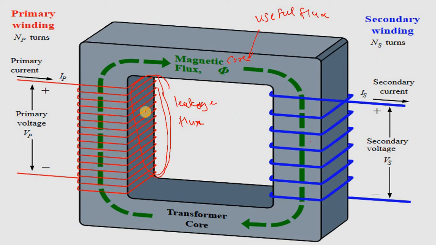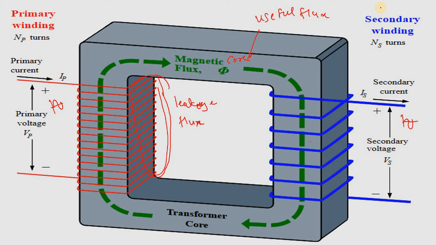As the current in the primary winding is alternating, the flux will also be alternating, and as the alternating flux links with the secondary coil, the EMF induced in the secondary coil will be an alternating one.